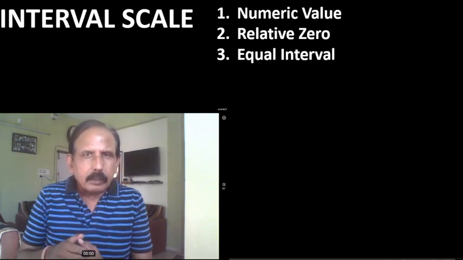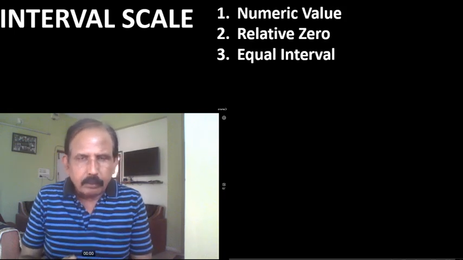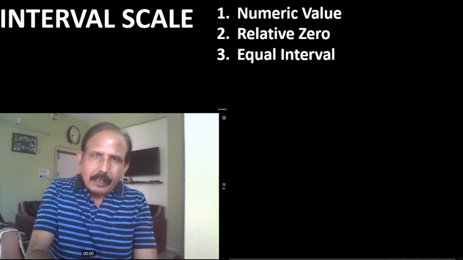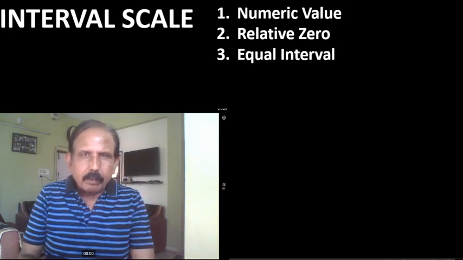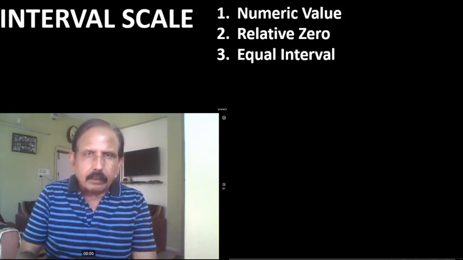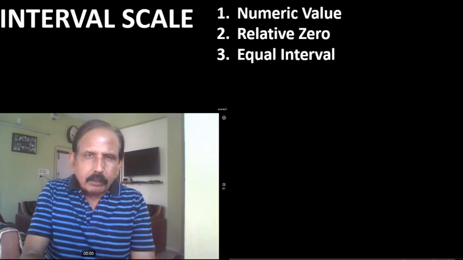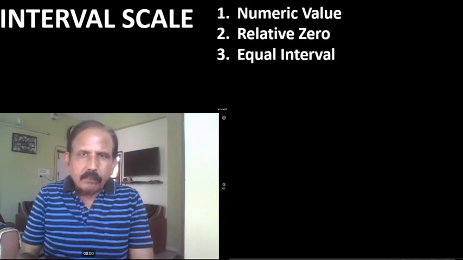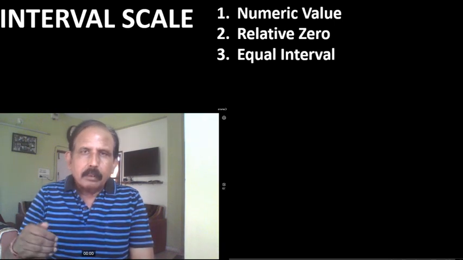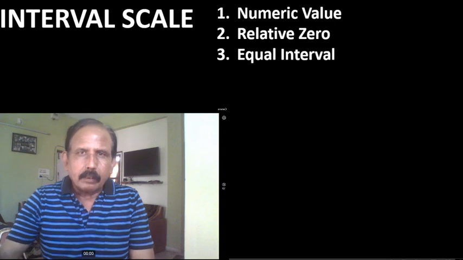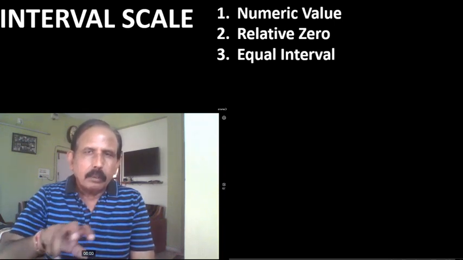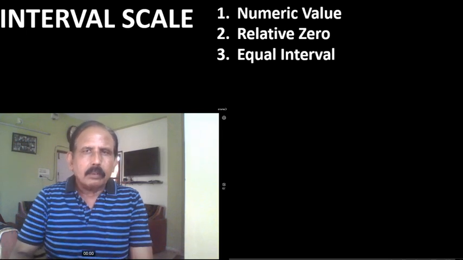And the most important thing in terms of the equal interval is the difference between any two numbers. If the interval scale is used, then the difference between any two numbers and the difference in intensity of the characteristics corresponding to these two numbers will be equal.